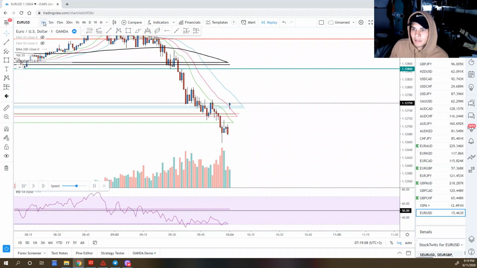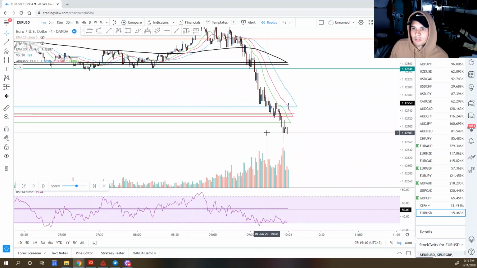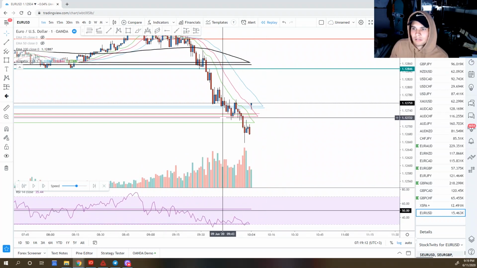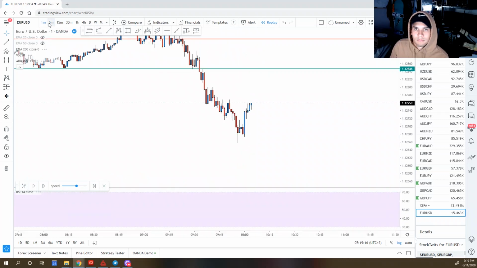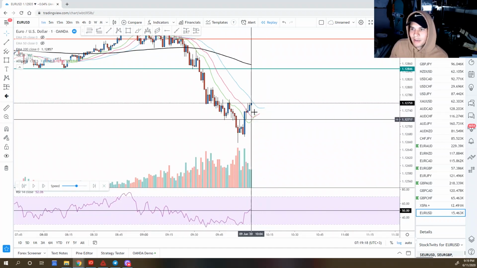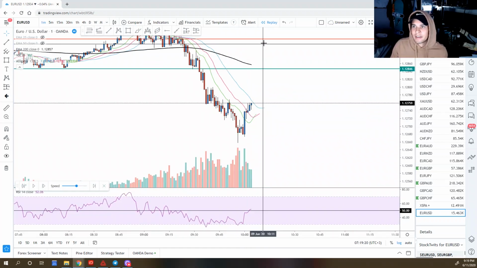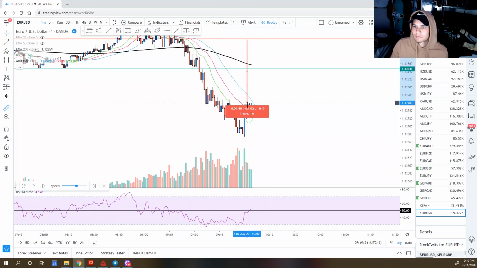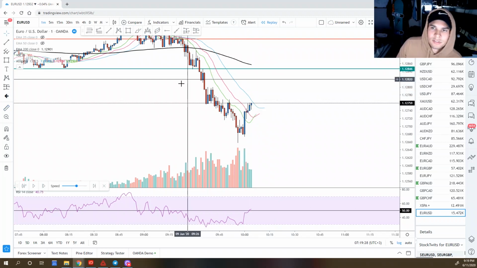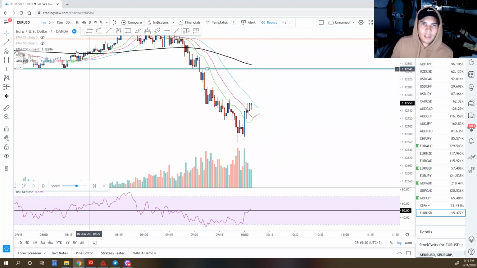So that 1 minute, no crossover. What is that? I think it's glitching out or something. Yeah, it's gone now. We have that crossover. So we could leave right now for a nice profit of 16 pips. That's $160 if you're trading a standard lot.